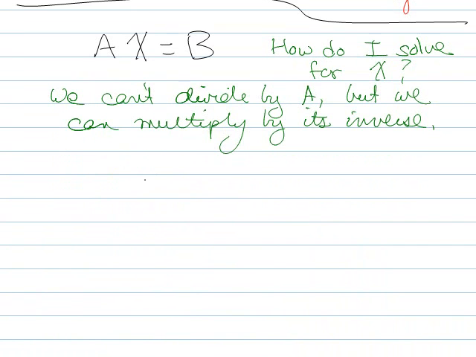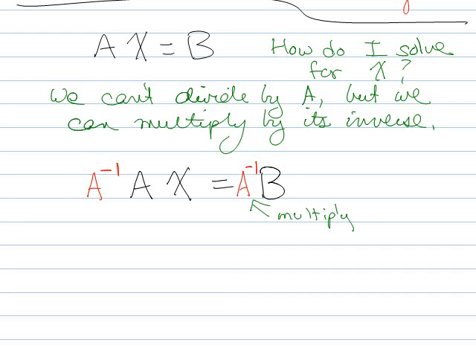So I'm going to do this once for you, and you're never going to have to do it again because this is a general form. If I have AX equals B, I can multiply both sides by its inverse. Now notice I multiply on the left.